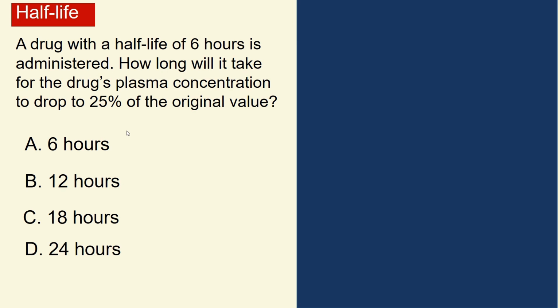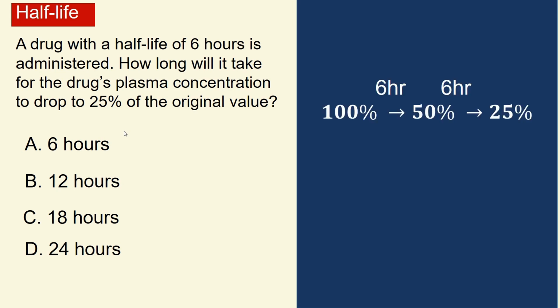Pause the video and guess your answer. All right, here you may not need to use any formula. I know it can also be solved using equations, but in this case, I would not use any equation. The half-life is 6 hours. In the first half-life, the drug becomes 50%.